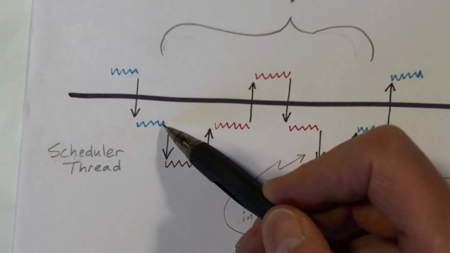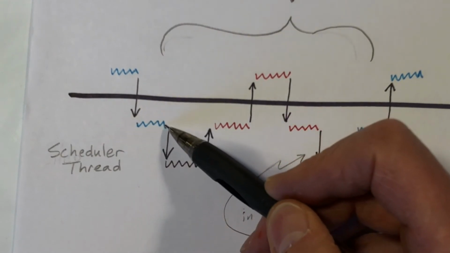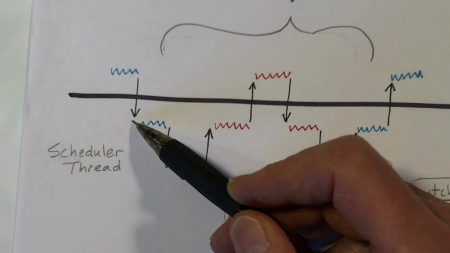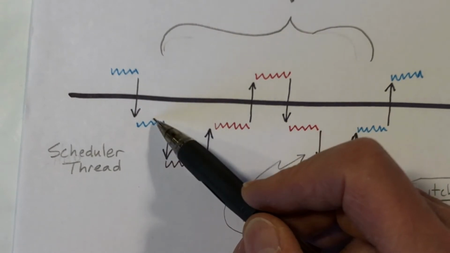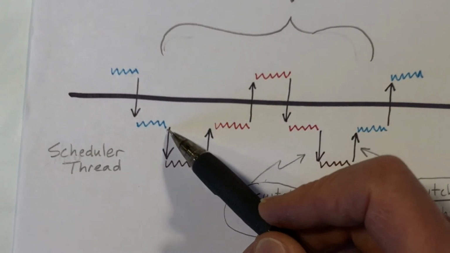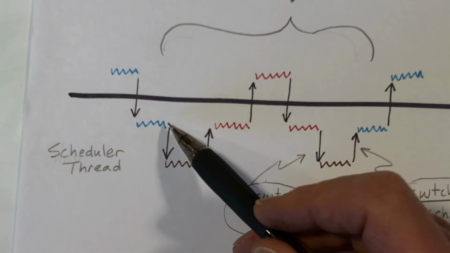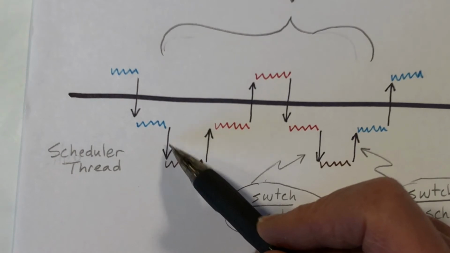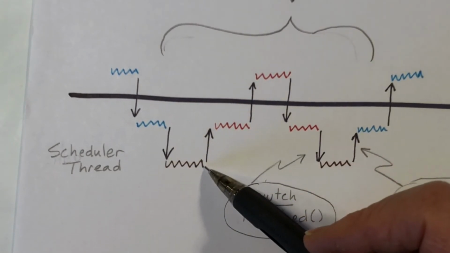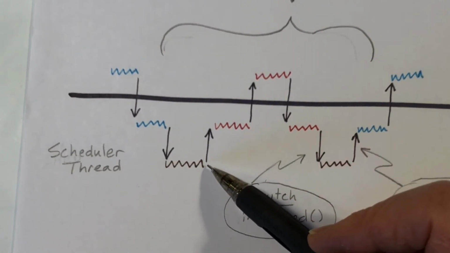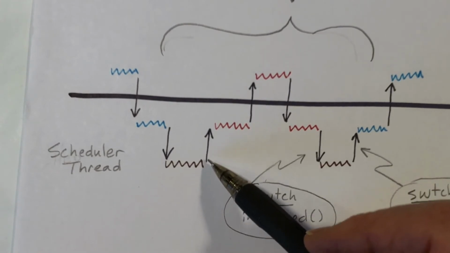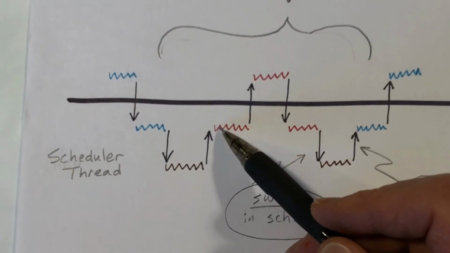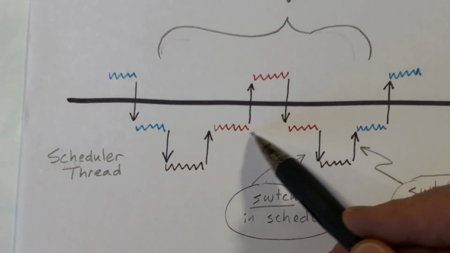So here we're in the kernel thread for this user process. And if we decide that we want to schedule another thread, then we will do a second context switch. So we will then go into the scheduler thread, select another process, and then go to that process's kernel thread.